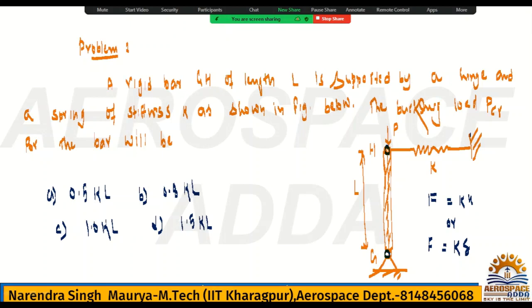If you apply load, then which side will it be buckling? It will be buckling like this side. Yes or no? Why? Because this side we have a spring. You got my point or not there? Tell me. Yes, sir. I mean you can say okay, this side also it can deflect, no problem. If this side will resist, then it will compress, and if you saw this side buckling, then this spring will elongate. So most of the time elongation will be taken as positive, so we'll consider this side buckling. Hope you understood my point. Yes or no?